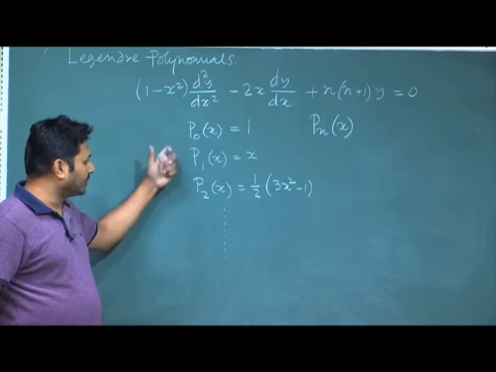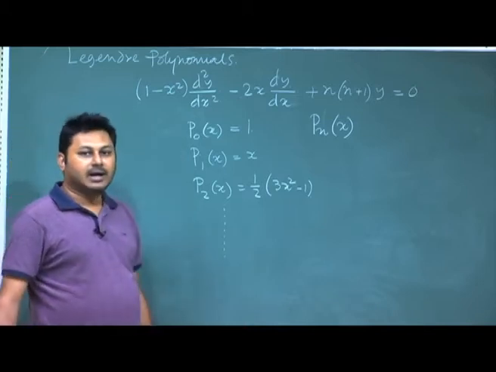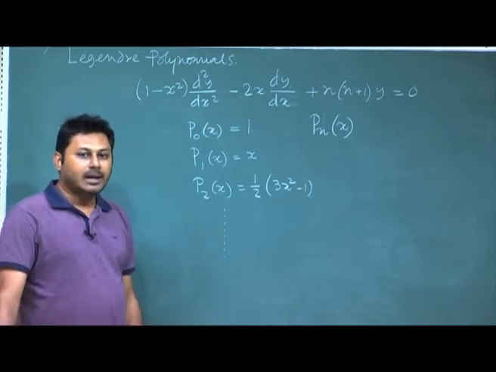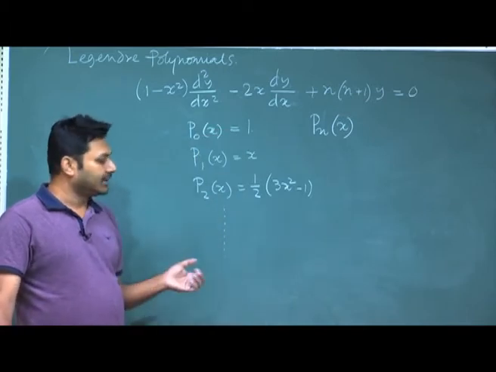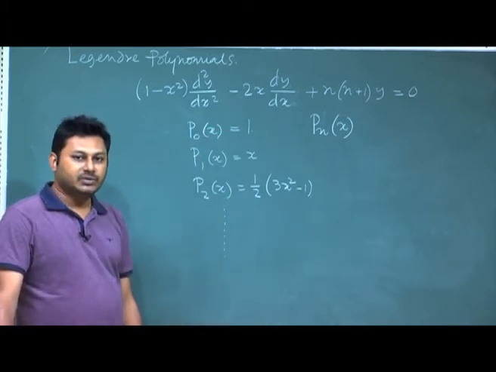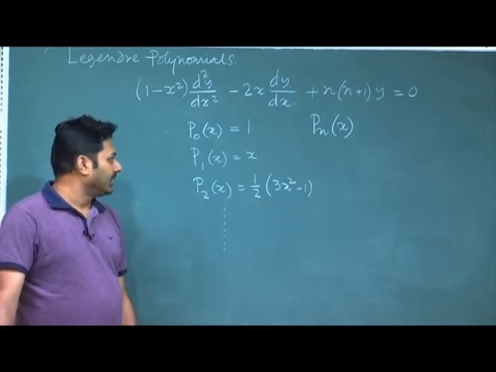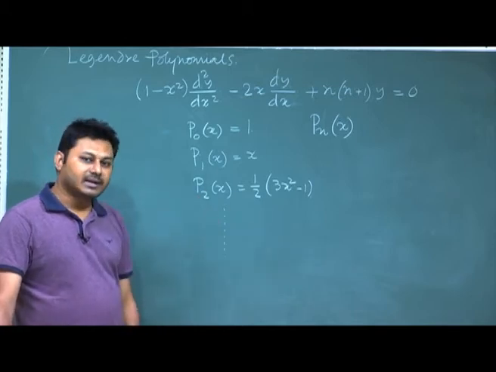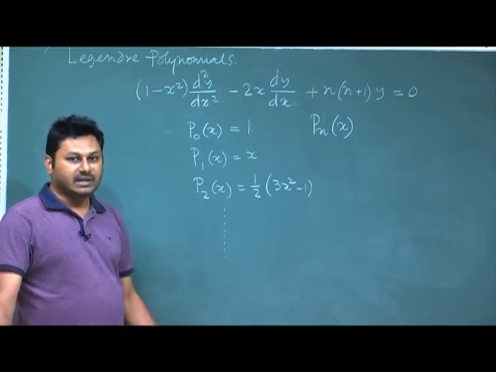So, these individual solutions, they are forming polynomials, are linearly independent of each other, and they are also orthogonal. Since they are orthogonal to each other, obviously they should be linearly independent. So, using these polynomials, one can expand some function like the Fourier series.